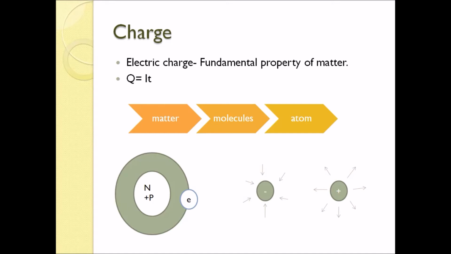If any atom accepts electrons within its body, it is represented as an acceptor, and it is negatively charged because it is receiving. And if any atom donates its electrons to other matter particles, it becomes a positively charged particle.